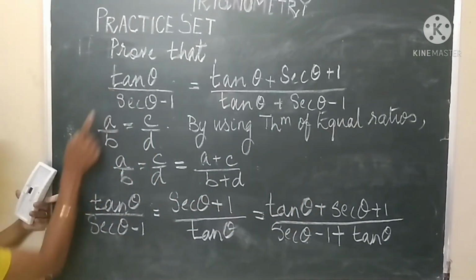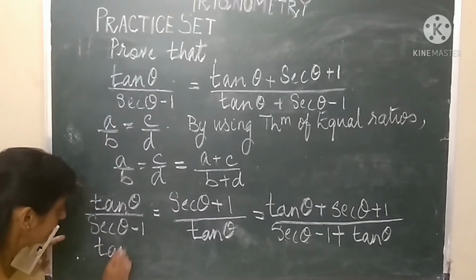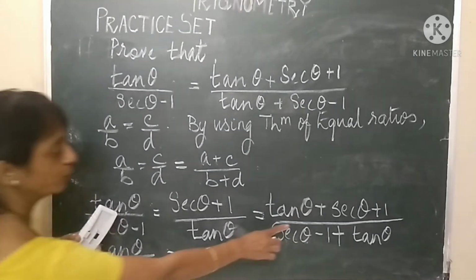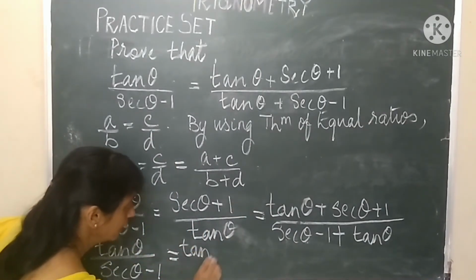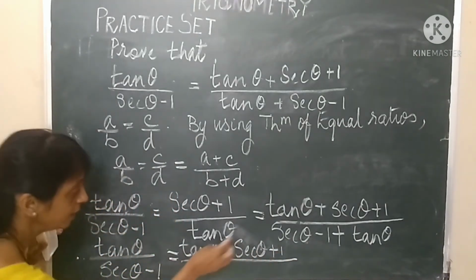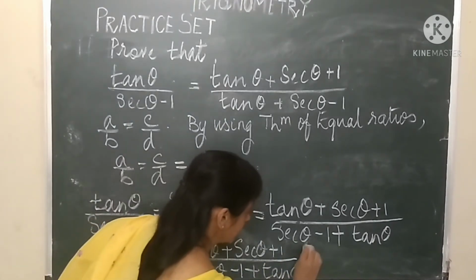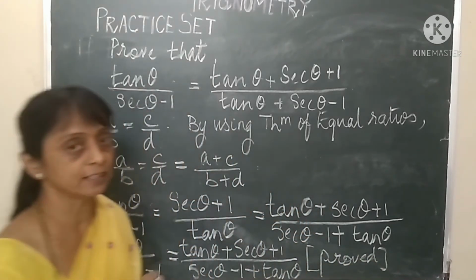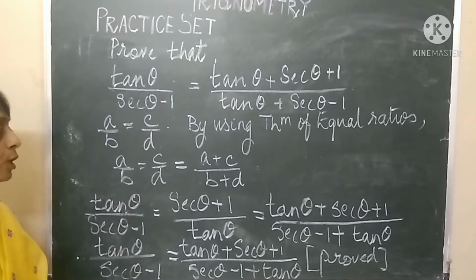So finally we have proved tan theta upon sec theta minus 1 is equal to, let's write down whatever is asked, tan theta plus sec theta plus 1 upon sec theta minus 1 plus tan theta. So finally we have proved whatever is asked in the problem by using and recalling the theorem of equal ratios.